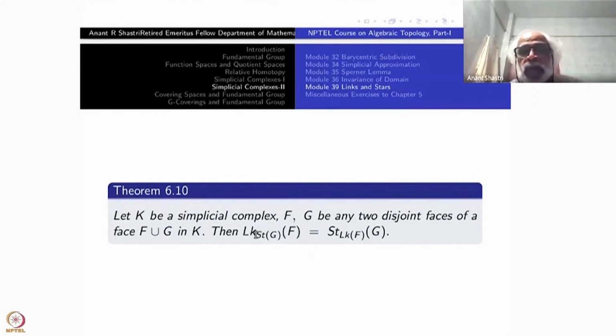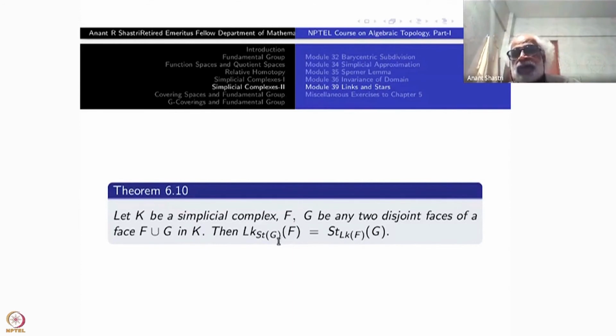The link inside this one of F is the star of G in the link of F. Now you can see why the title of this section was links and stars. Link of the star is star of the link.